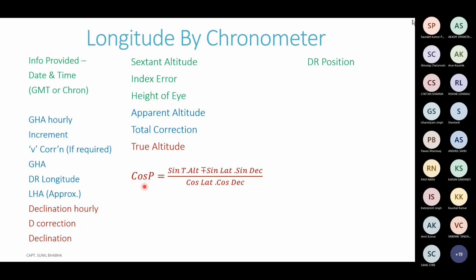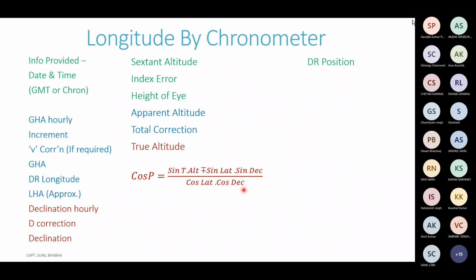So cos of P is equal to sine of true altitude minus plus sine of latitude multiplied by sine of declination, whole divided by cos of latitude multiplied by cos of declination.